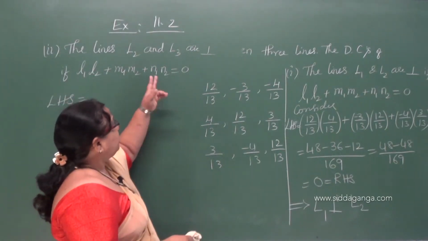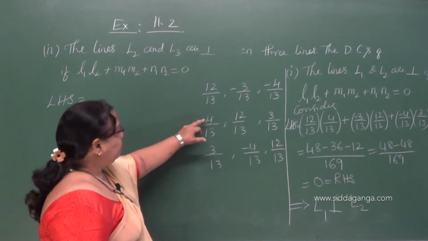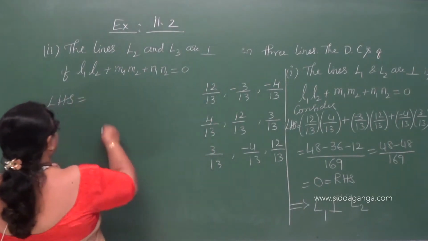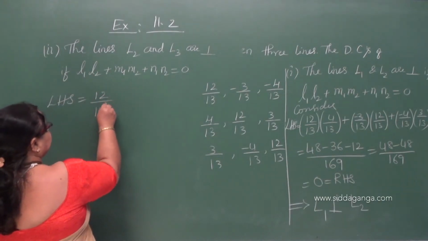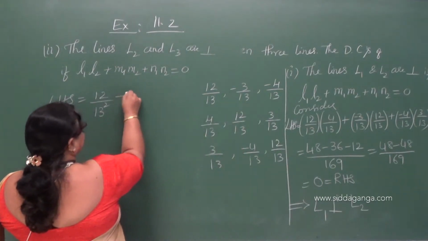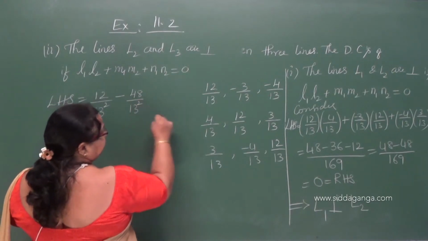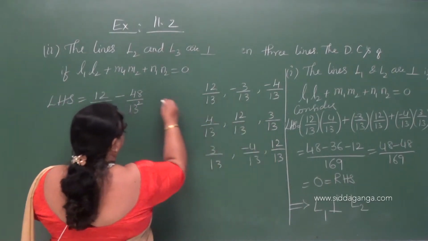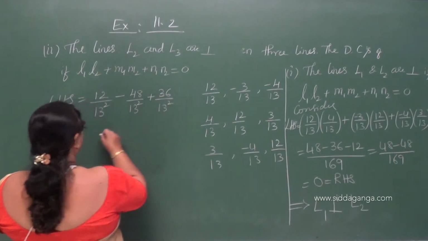Now, taking the second and third lines, L1 into L2, 4 3s are 12. So 12 by, multiplying both, 13 square. Plus into minus is minus, 12 4s are 48 by 13 square. Next, multiplying these two, 12 3s are 36 by 13 square.